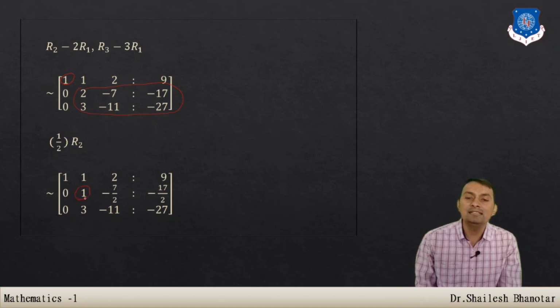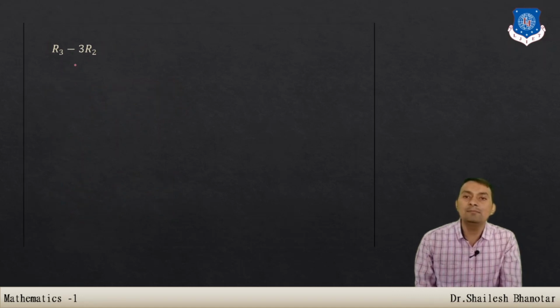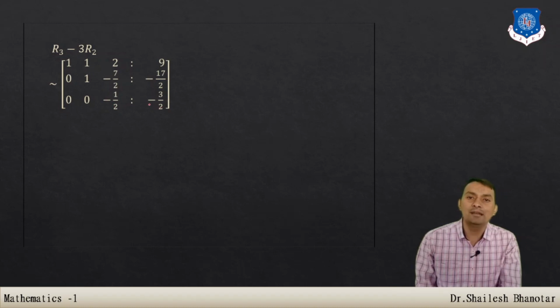But below that, this entry I want to make 0, and for that I multiply the second row by minus 3 and add to the third row, and I get 0, then minus 1 by 2 and minus 3 by 2. Now you can see these are non-zero, and hence we have reached the row equivalent form.